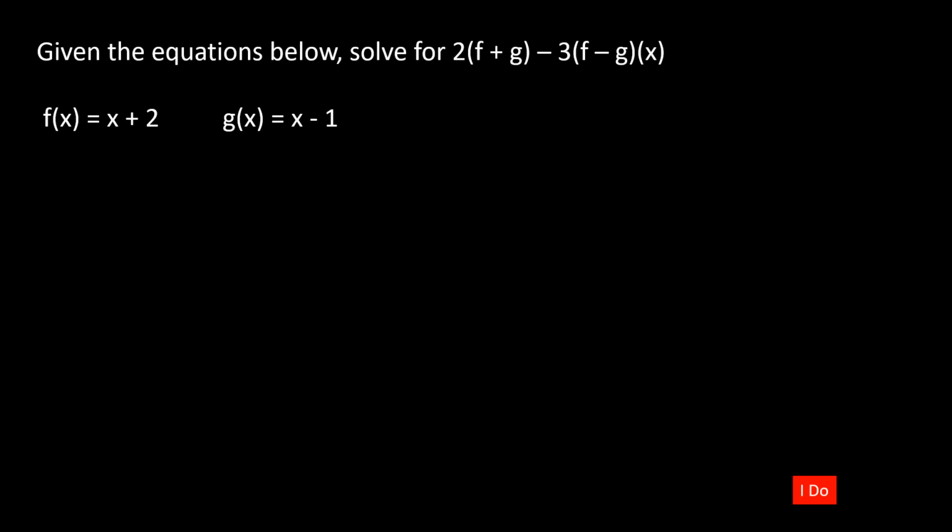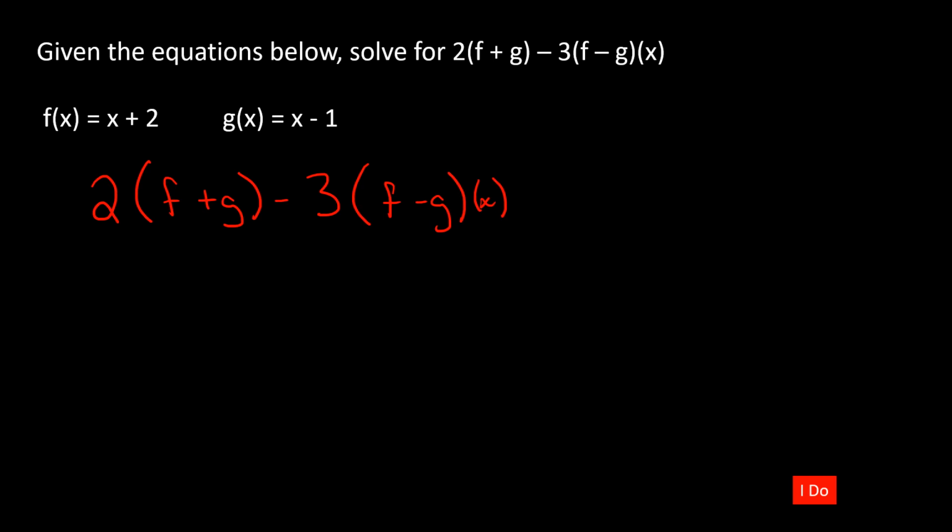All right, so we have a little bit more of a complicated issue here. It says, given the equations below, solve for what's happening here, which is interesting. We'll write this out: 2 times (f plus g) minus 3 times (f minus g) of x. So this is direct substitution.